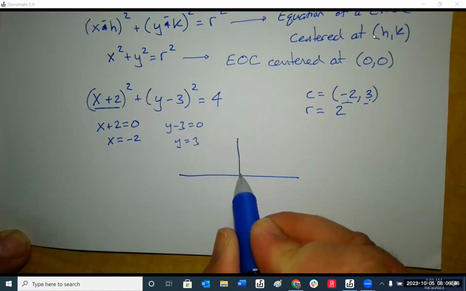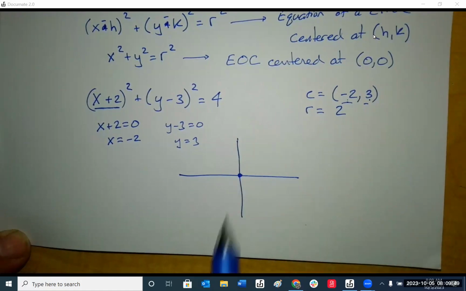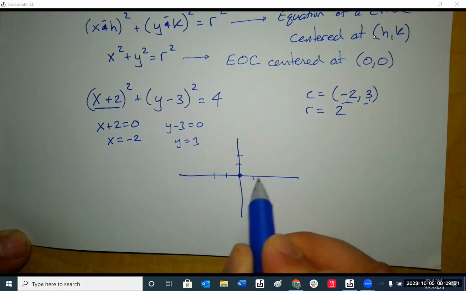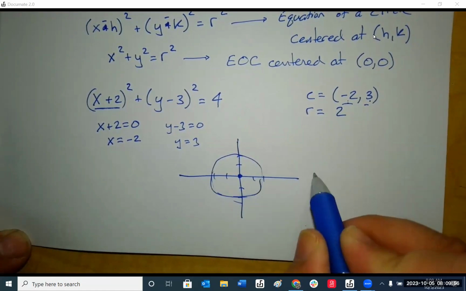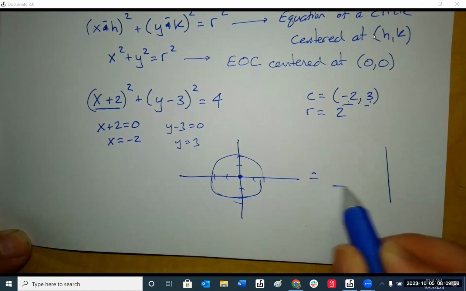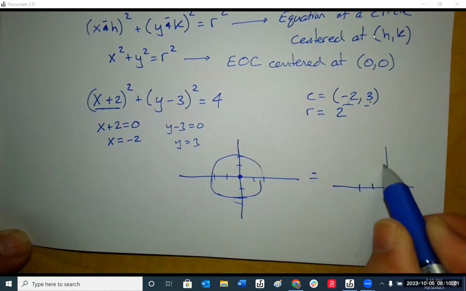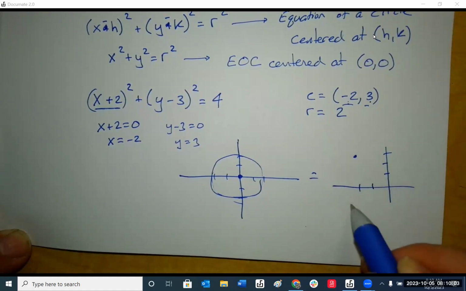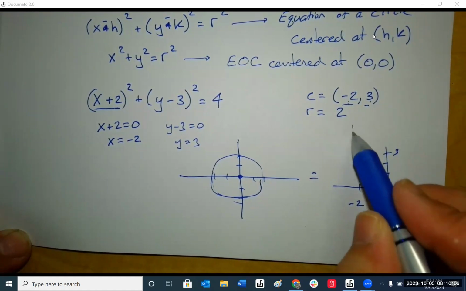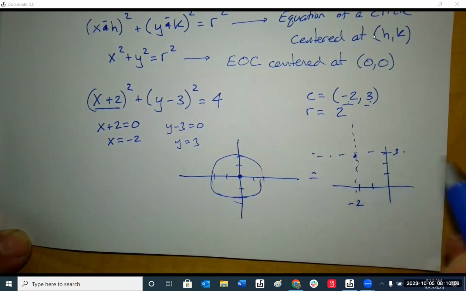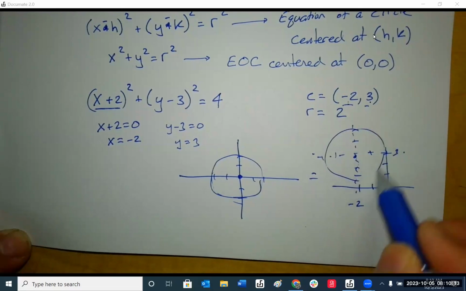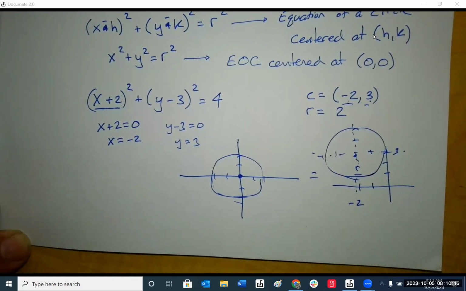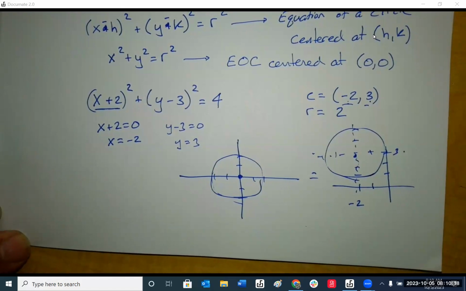That moved your center from 0, 0, radius 2. It changed it to -2, 3. There is your new origin. So you go up 2, down 2, and draw your circle. We did those transformations in chapter 1. It's going to be the same this time.